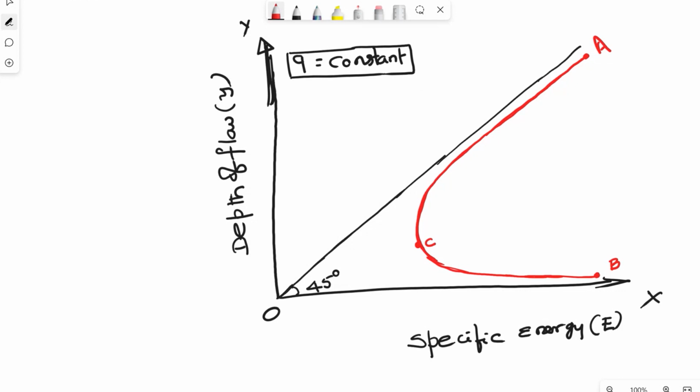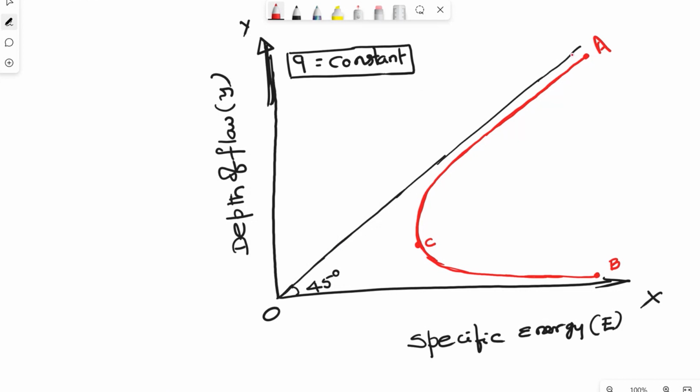The specific energy curve has two limbs. What are the two limbs? AC is one limb and CB is another limb. The upper limb is AC, the lower limb is CB. These two limbs are asymptotic.